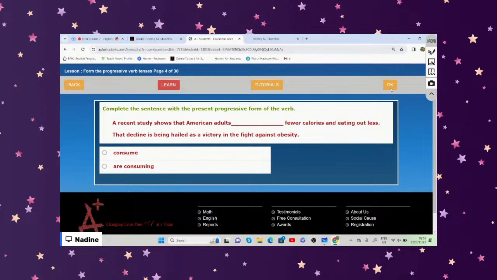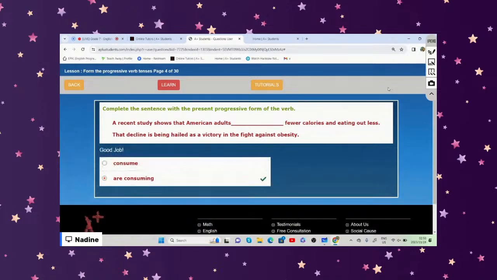So which means that if we are going to choose the present progressive tense, right? It says a recent study shows that American adults are consuming, because we are showing ongoing action. Remember, the progressive forms of the verb show ongoing action. And we have the helping verb followed by the main verb that ends in ing, right? So are consuming, right?